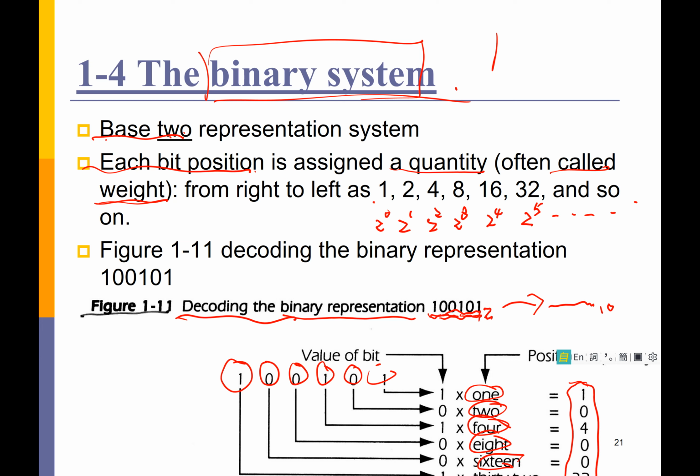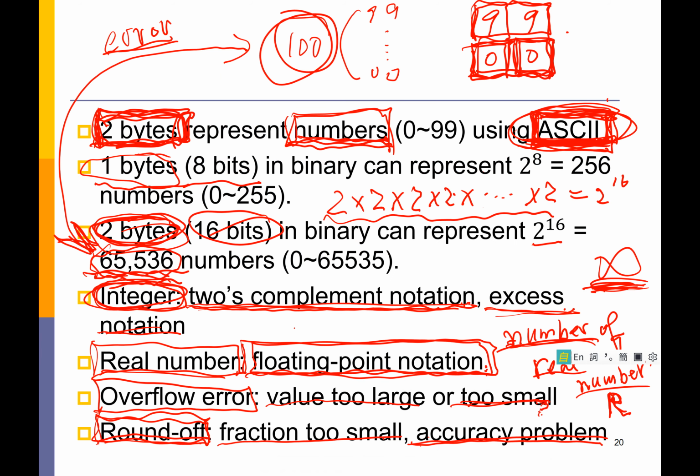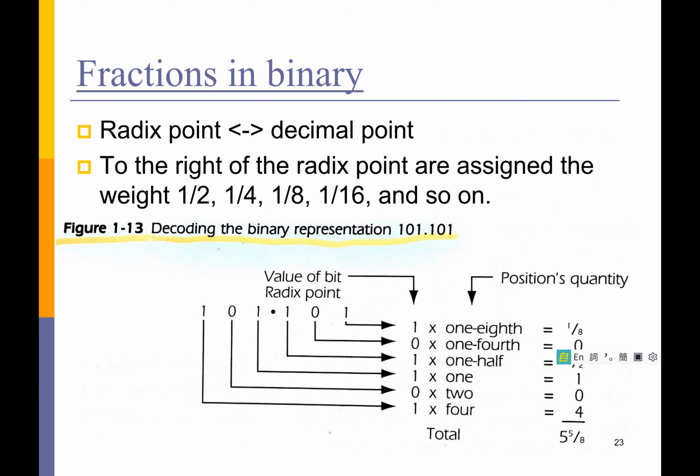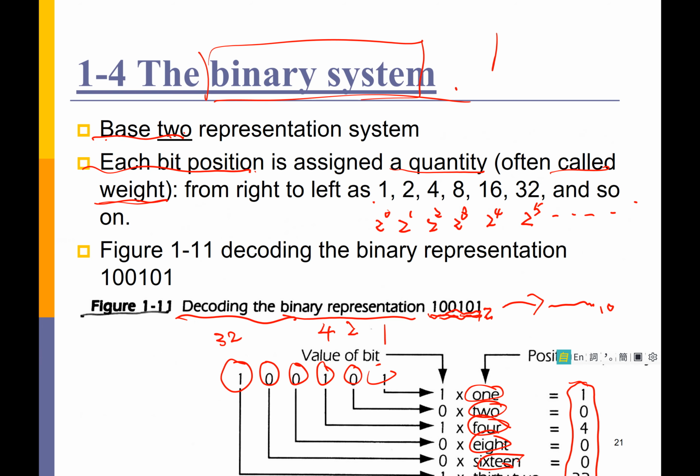So what's the base 10 value here? This is 32. The weights are 1, 2, 4, 8, 16.